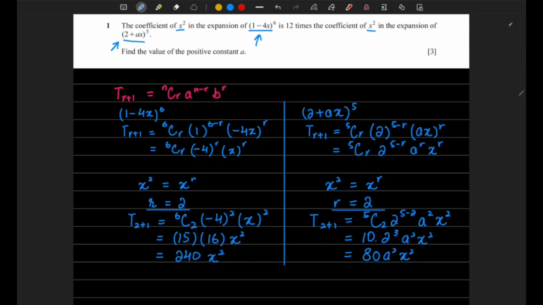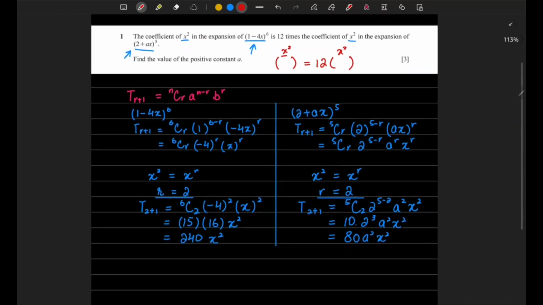Now understand what they have told us in the start. What is the relation between these two things? That the coefficient of x squared in the first bracket is equal to 12 times the coefficient of x squared in the second term.